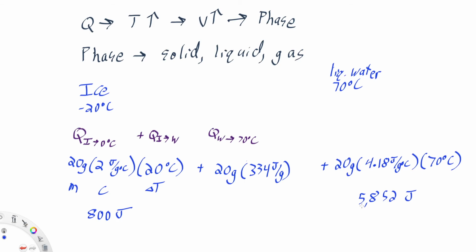And to melt the 0 degree ice into 0 degree water takes 6,680 joules of energy.